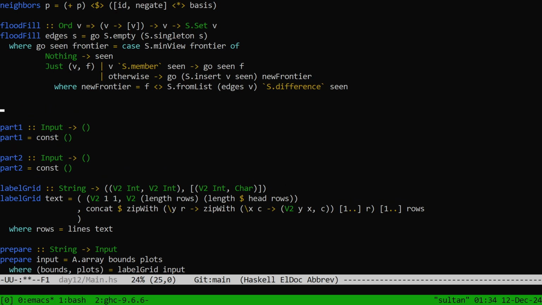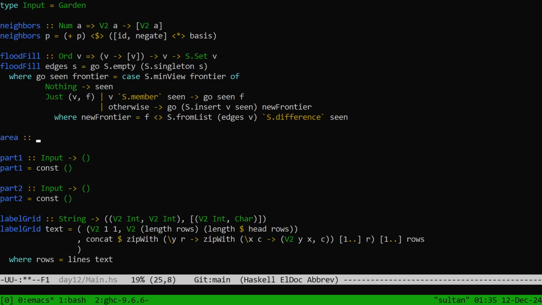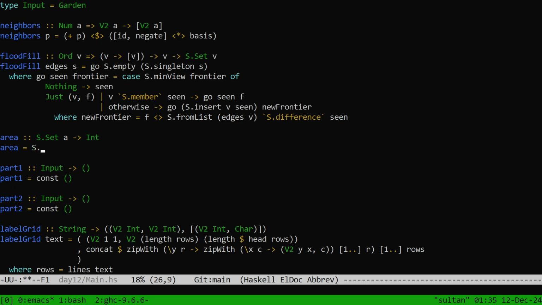So let's then define the area, which takes a set of A and produces an int. Area is just, oh god, is it size or length? I hate these libraries. It's size, okay.